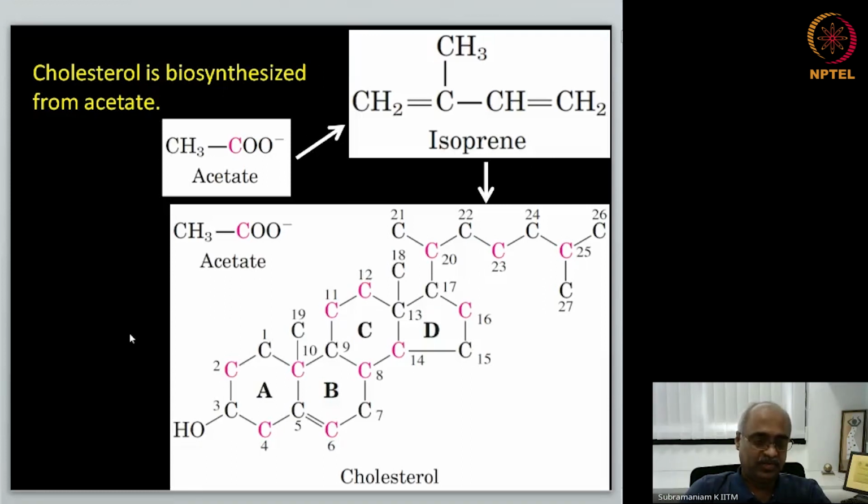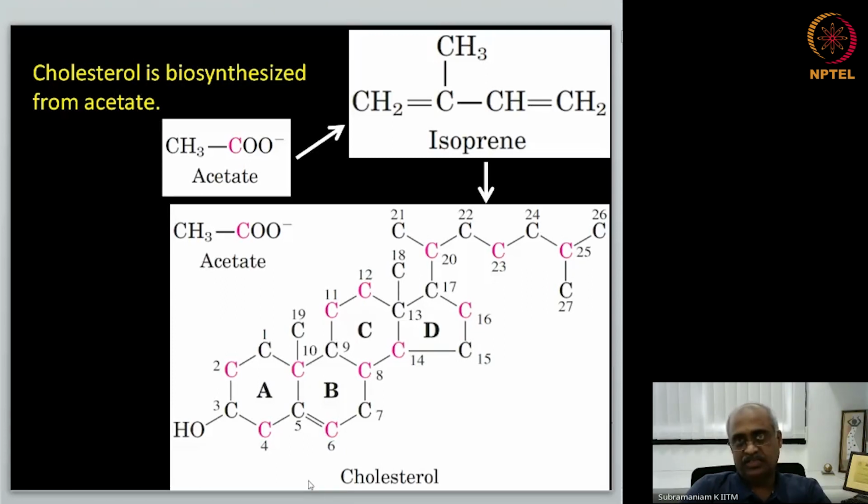So that is how cholesterol is in the public imagination. But in reality, cholesterol is an essential molecule, and that is why it exists. But you don't need it in the food. Our cells have the ability to produce cholesterol from acetyl-CoA. So we don't need it in the food, but it is an essential molecule.